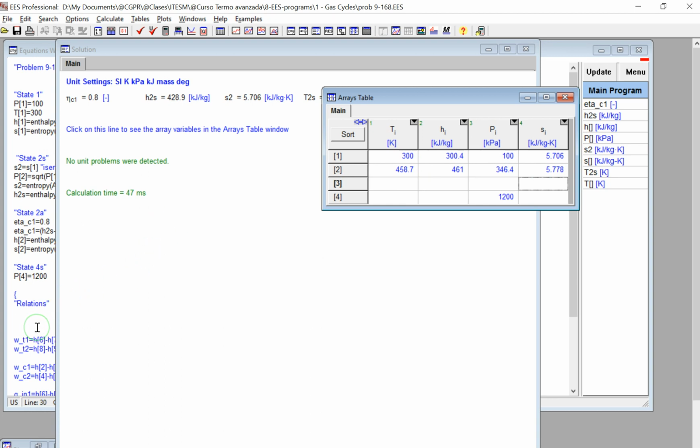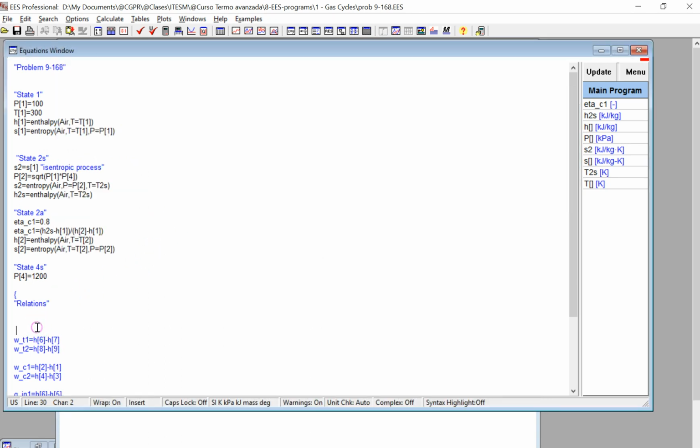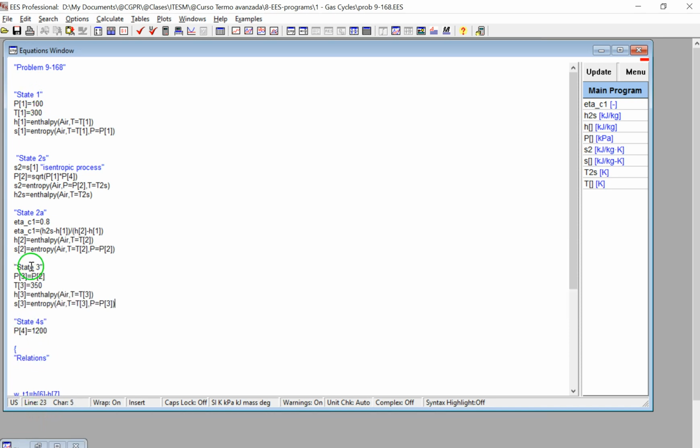Since state 3 is already defined, I will just copy state 1 and change whatever is needed to define state 3. Finding that pressure 3 and pressure 2 are the same, I know the temperature 3 from the problem, and I define enthalpy 3 and 4.